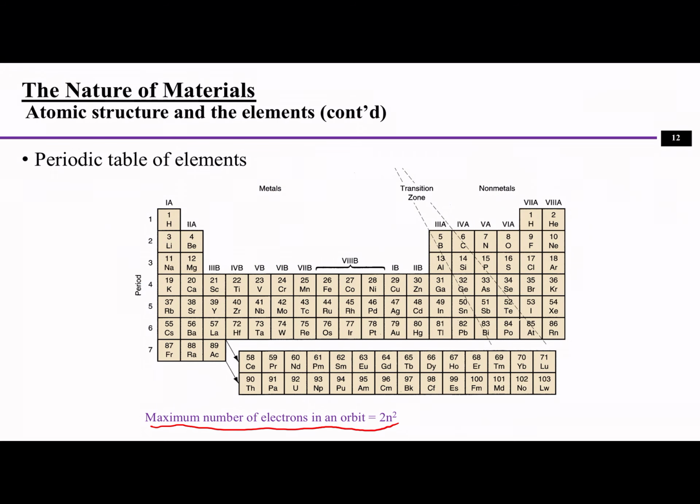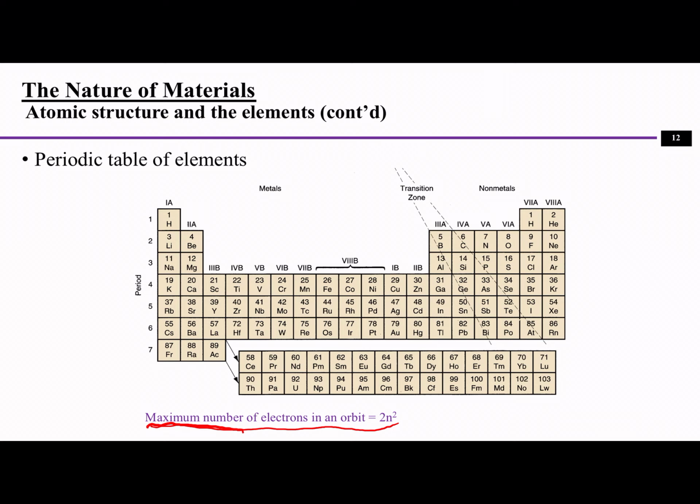Periodic table of elements. Something you just need to remember is the maximum number of electrons in an orbit is 2 times n squared, right? So remember, this is the maximum number of electrons in an orbit. It's not how many electrons are actually outside in an orbit, right?